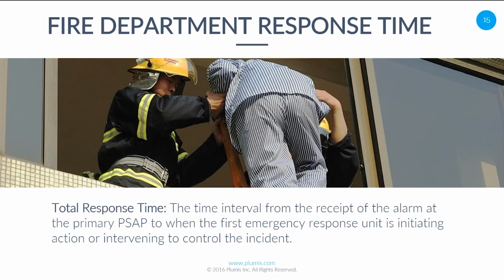And it's important to consider this in the concept of total fire department response time, which, if we go back to NFPA documents and we look at 1710, which is the standard on career departments, that is the time interval from the receipt of the alarm at the primary PSAP to when the first emergency response unit is actually initiating action or intervening some way to control the incident.